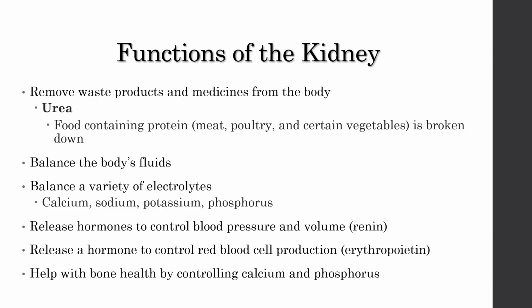The kidneys are also endocrine organs, so they release renin, which regulates blood pressure and blood volume. Also erythropoietin, which stimulates red blood cell production. And this explains why patients with chronic kidney disease often develop anemia. Not iron deficiency anemia, but lack of erythropoietin anemia.